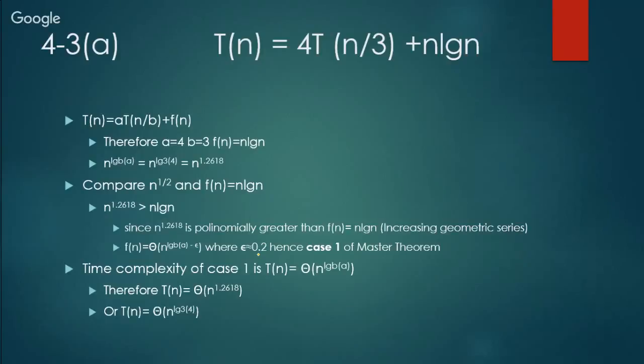It gives us the asymptotic bound, in this case the asymptotic upper bound, for this equation, which is theta of n^(log base 3 of 4).